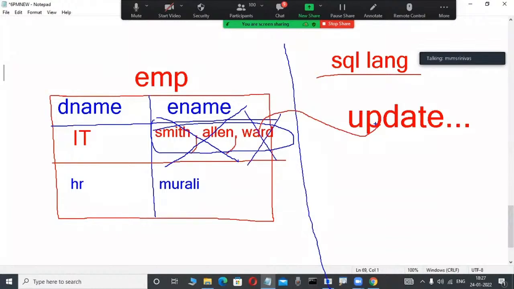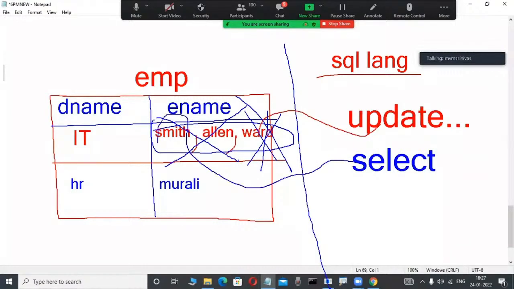Whenever multiple values separated with commas are there, modifying a single value from them with update is impossible. That is a problem. Again, observe the select command. If multiple values separated with commas are there, by using select I want to select individual values. Suppose Smith is a value from this table. Impossible. It won't work.